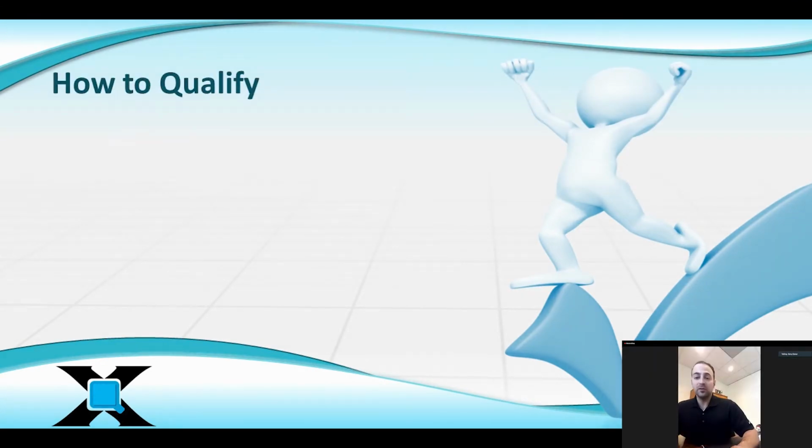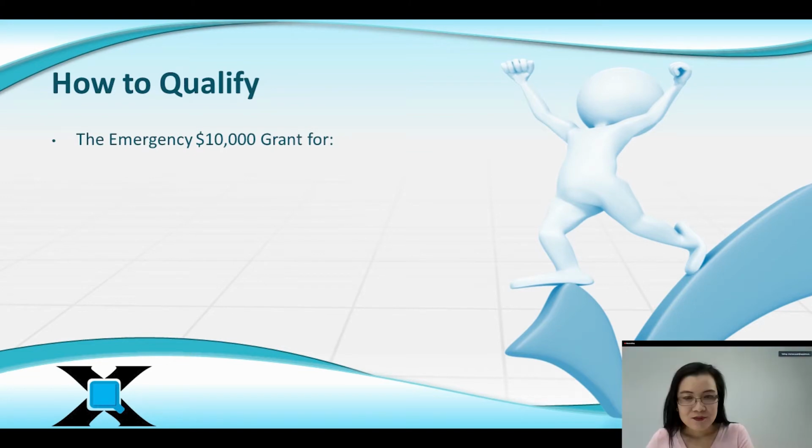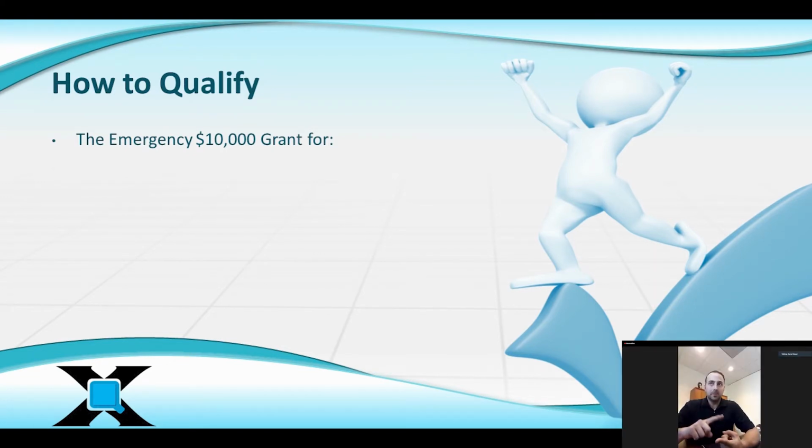Yes. So to qualify for the economic injury disaster loan, we are focusing on just one of the loans, and this is the emergency $10,000 grant. It's a cash advance that should be utilized for paying payroll, accounts payable, invoices, rent, and utilities.